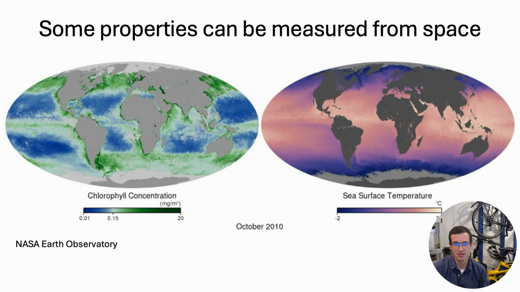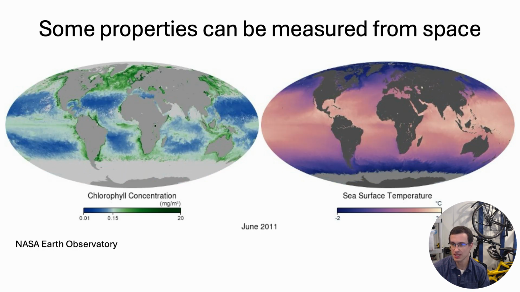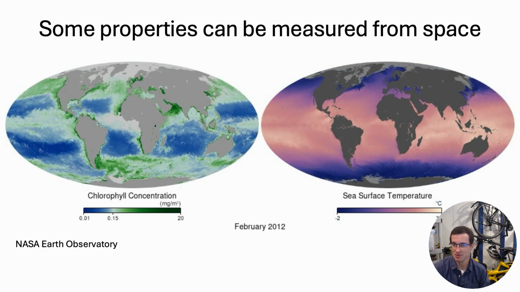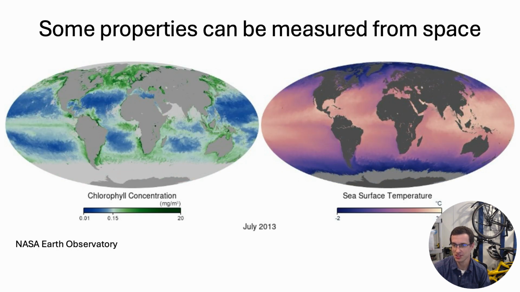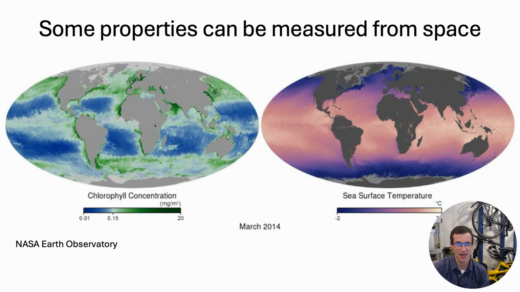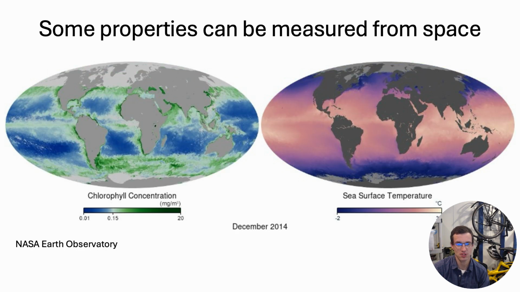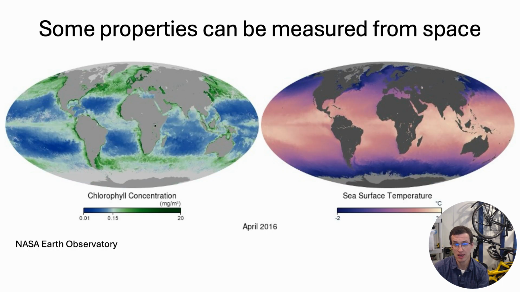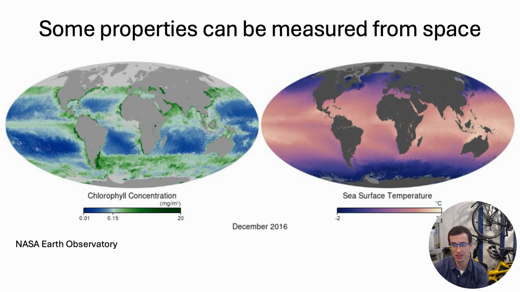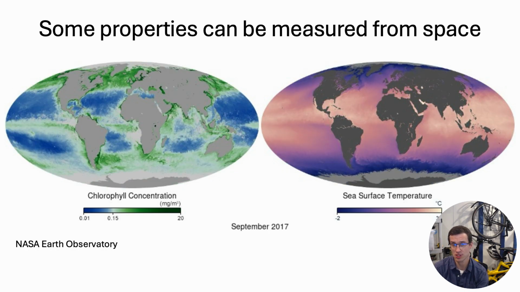One thing that's worth considering is that these images show nice, perfect compilations. At least for sea surface temperature, there's no gaps at all. For chlorophyll, you do see some gaps from cloud cover and lack of light. But these are monthly images that I'm showing here.